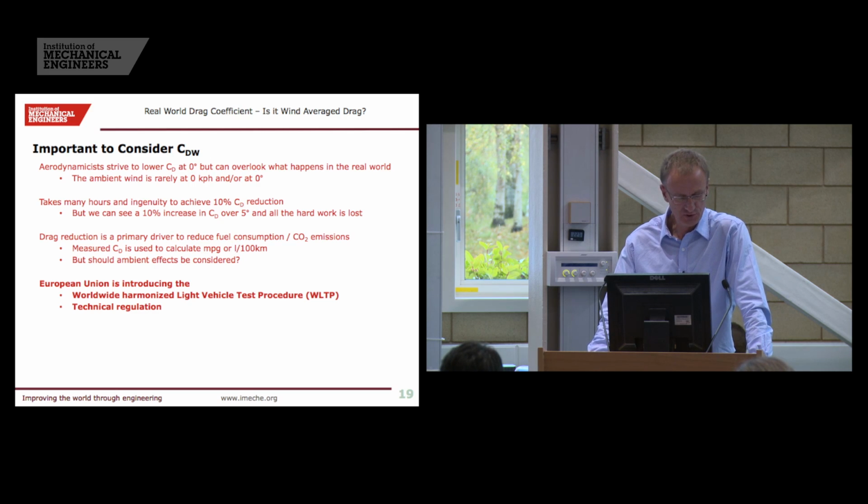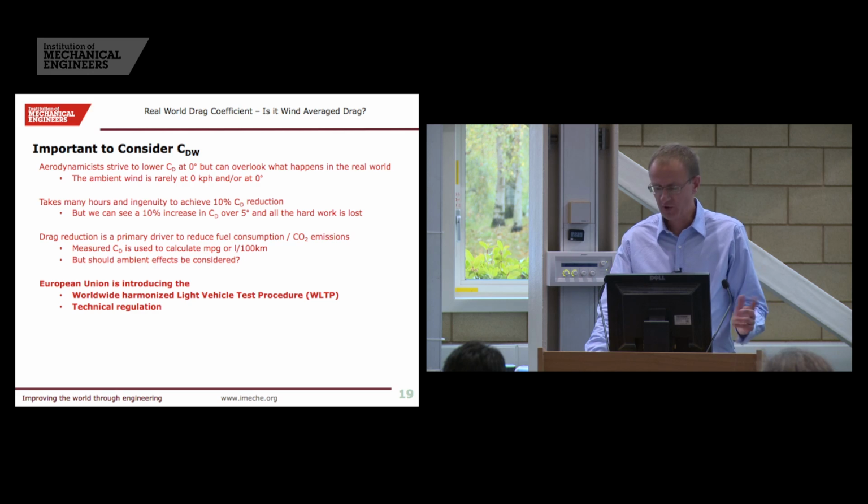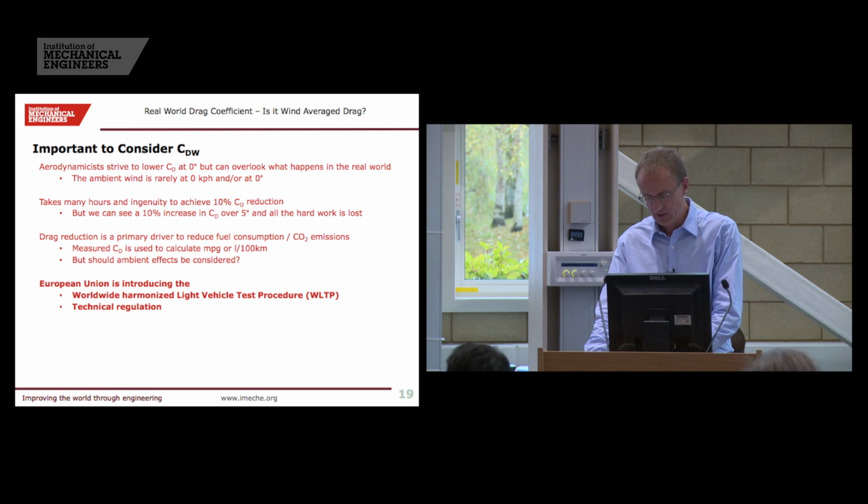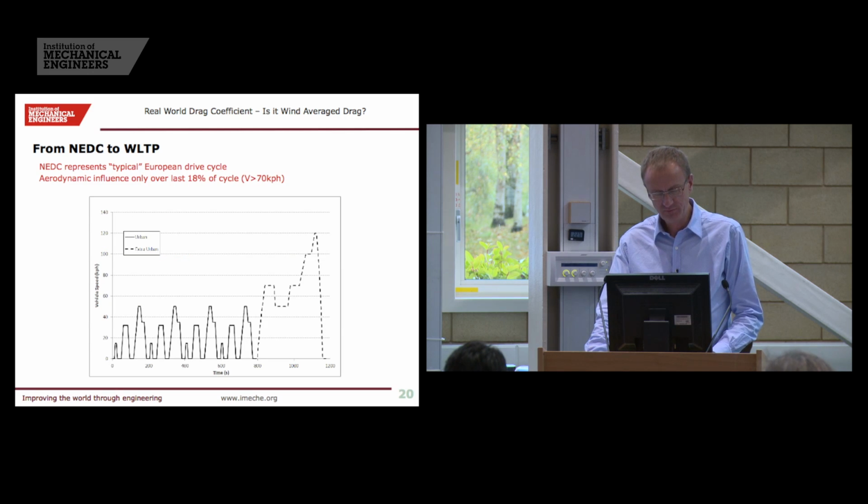The EU is actually introducing a new test procedure which is supposed to be more realistic for fuel economy. I'm not going to go into the ins and outs of the WLTP, as I'm sure there are far more qualified people here to enlighten us on the contents, but I'm just going to pick one aspect which is affected by the aerodynamics.